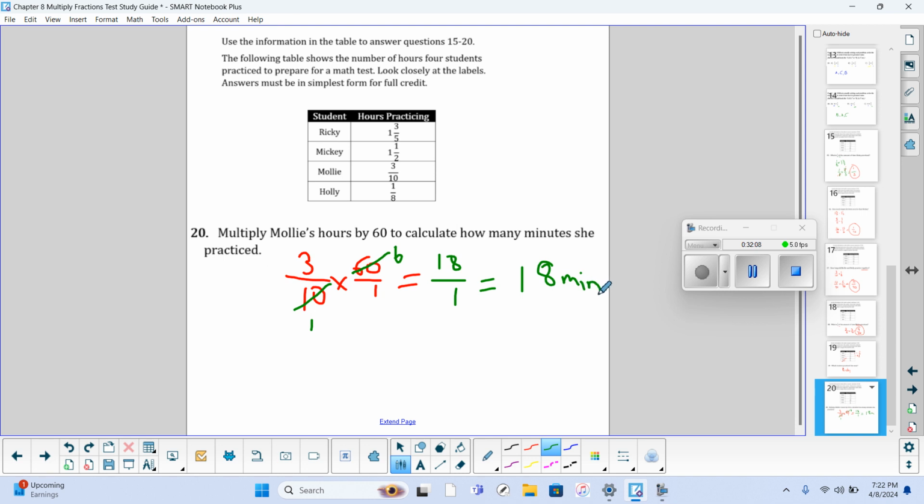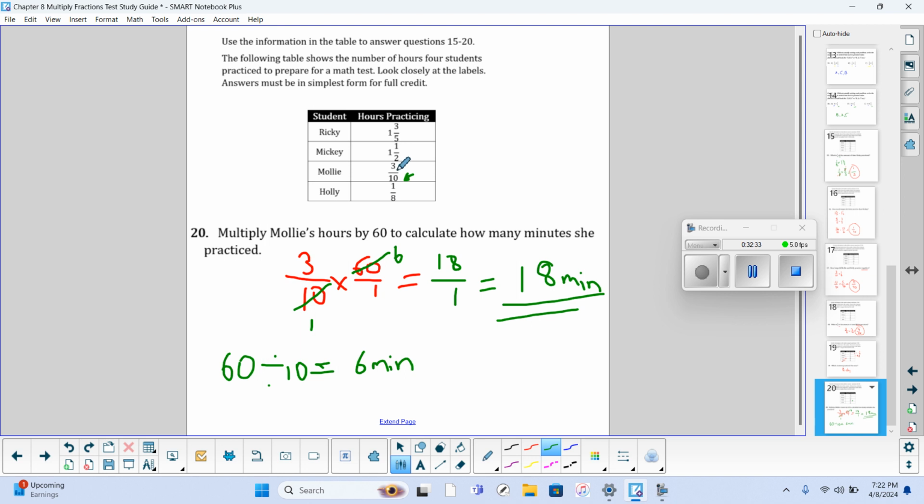All right. That's the answer, but I do want to, for people who want to hear a little bit more, if you think about it, 10 means divide into 10 equal pieces, right? So if I took an hour, so 60 minutes divided into 10 equal pieces is 6 minutes for each one of them.